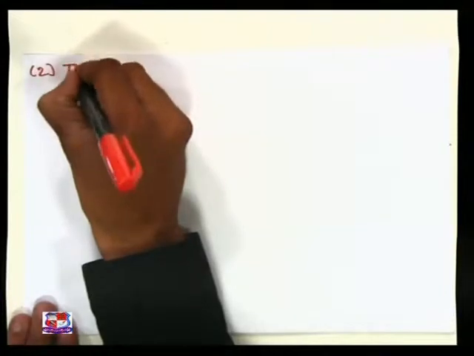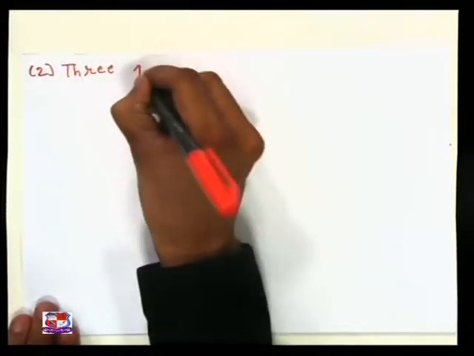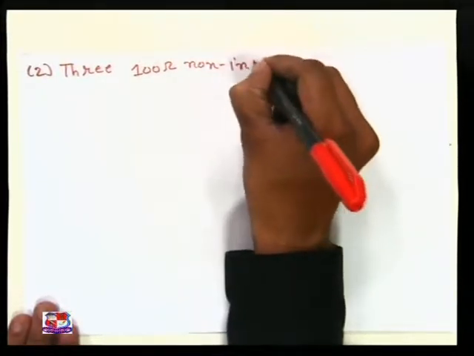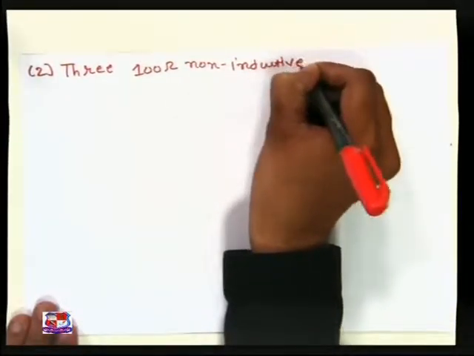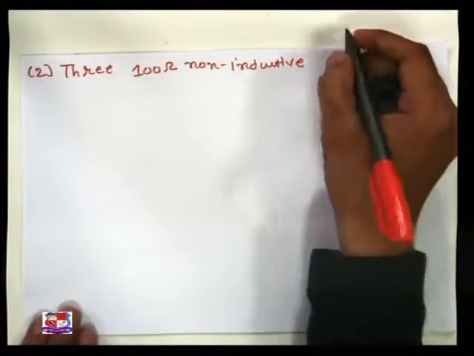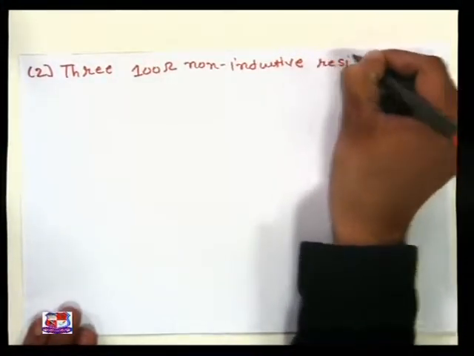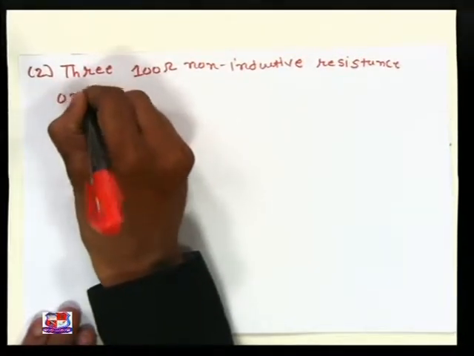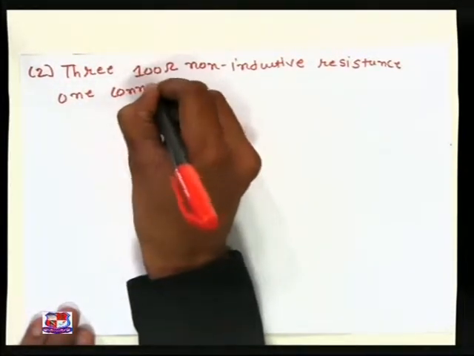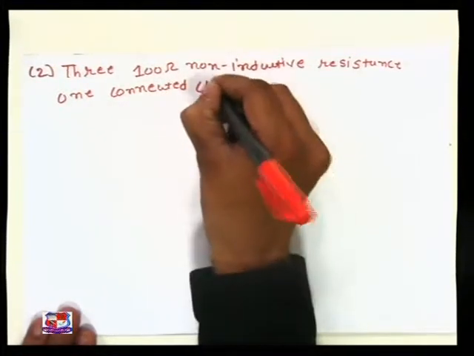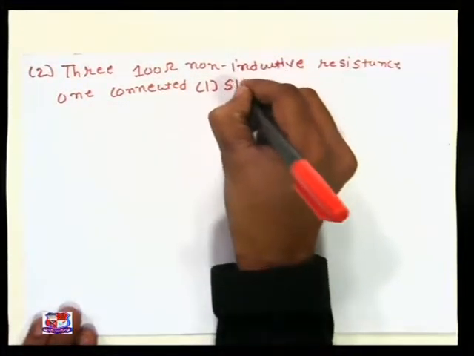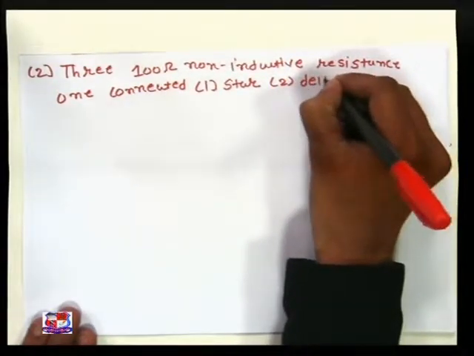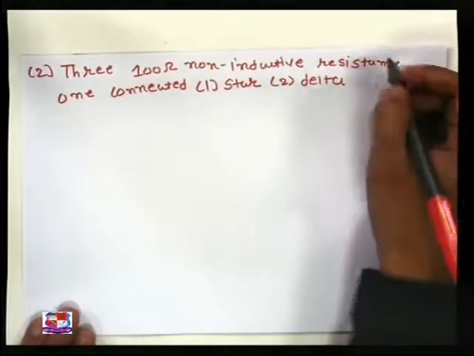So our next example: we have a 300 ohm non-inductive resistance, and everyone please remember each and every word. First we connect it in star connection, and second we connect it in delta connection.